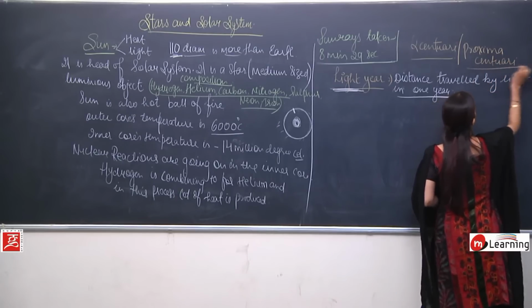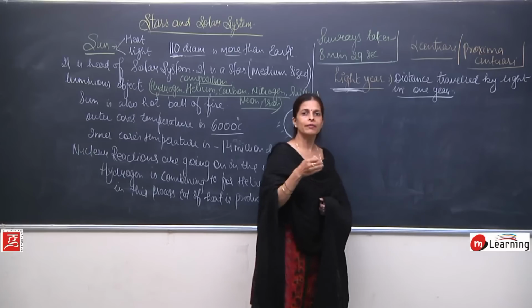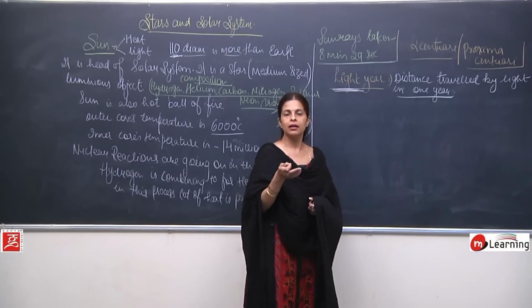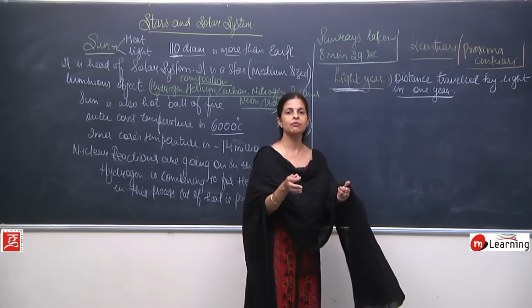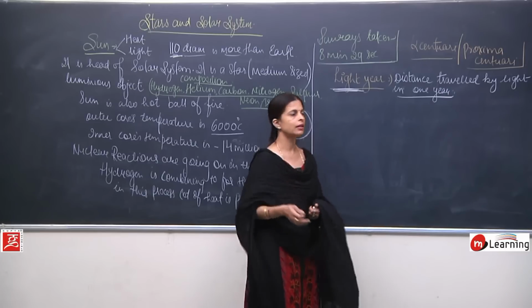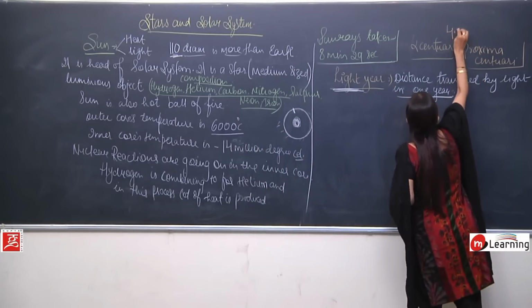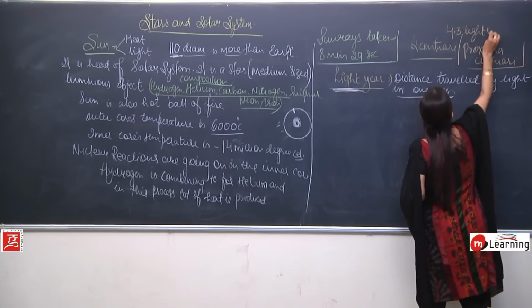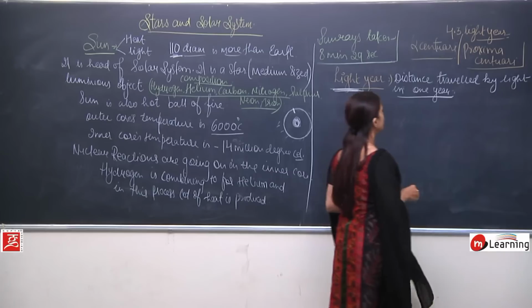When we say the sun is the nearest one, after the sun these are the two which are nearer, and the distance is 4.3 light years.